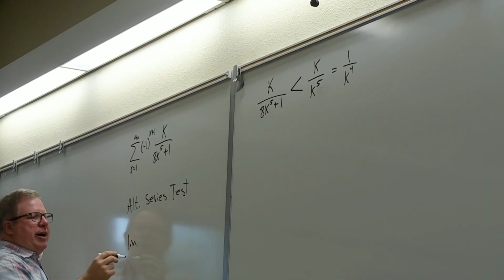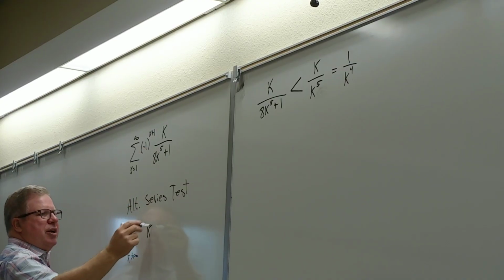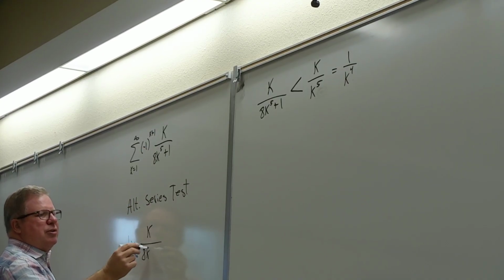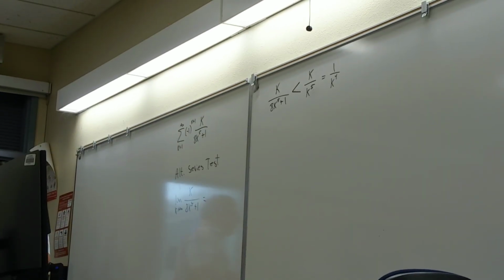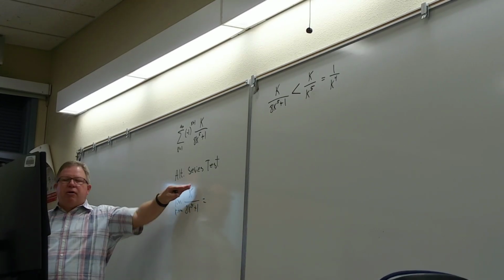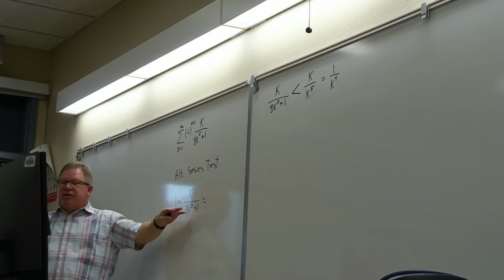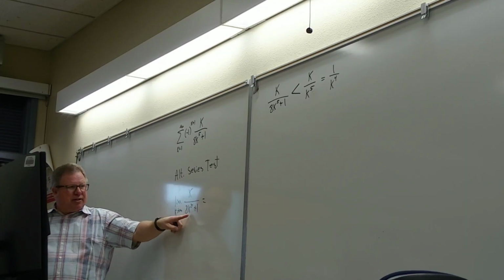The limit as k goes to infinity of this expression, k over 8k to the fifth plus 1, equals what? We have a polynomial in the numerator, a polynomial in the denominator, and the numerator is of less degree than the denominator.